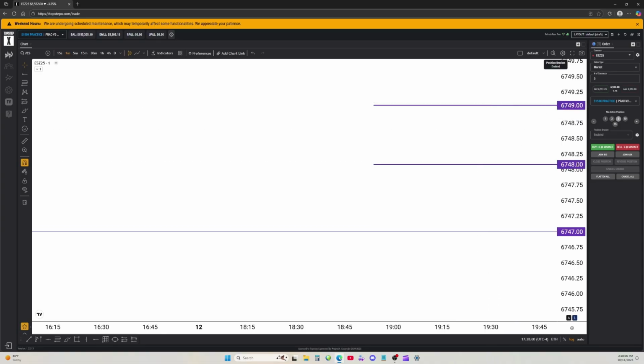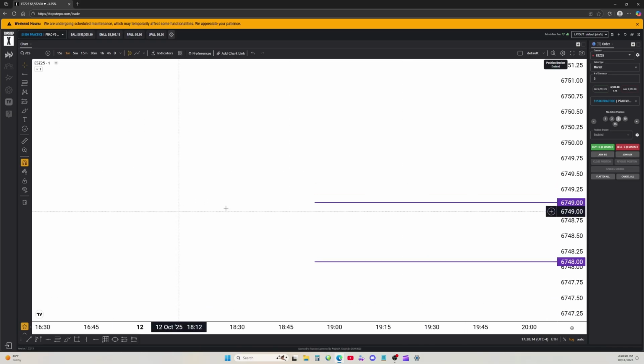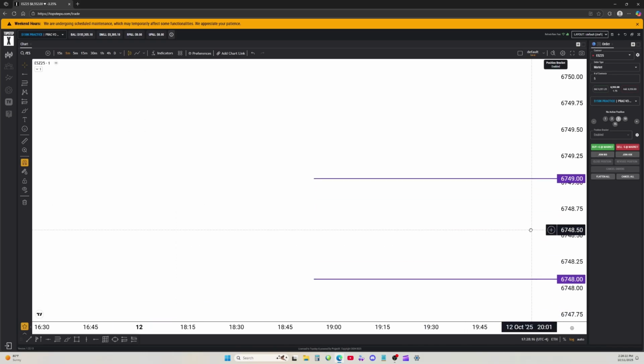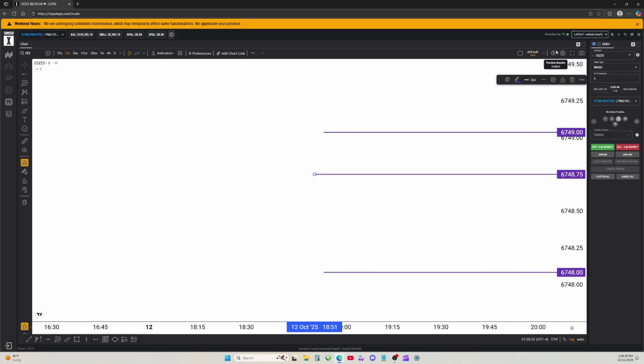So from an 8 to a 9, 9 to a 10, 10 to 11, like that, that's a point. Okay, and then in between, I'm not going to erase that because that's a level. In between, that is a tick. That's a tick.